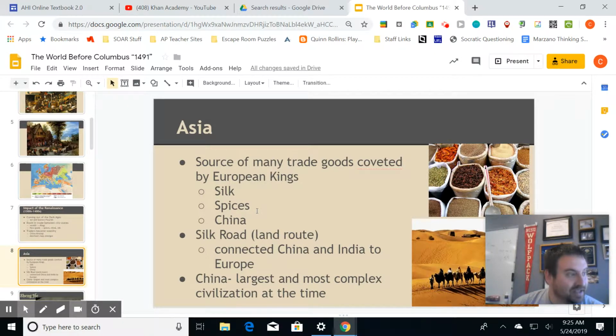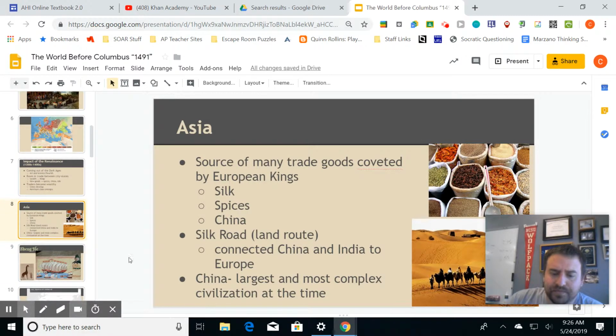Meat you're getting, again, not really a whole lot of refrigeration, so you either have to have it heavily salted or you have to preserve it in some other way. Drying it works. The big thing is some of it's going to be off, so you got to cover that up with heavy spices. How Europe is getting this is through the Silk Road, especially the land route with the Silk Road. This connection to China and India.